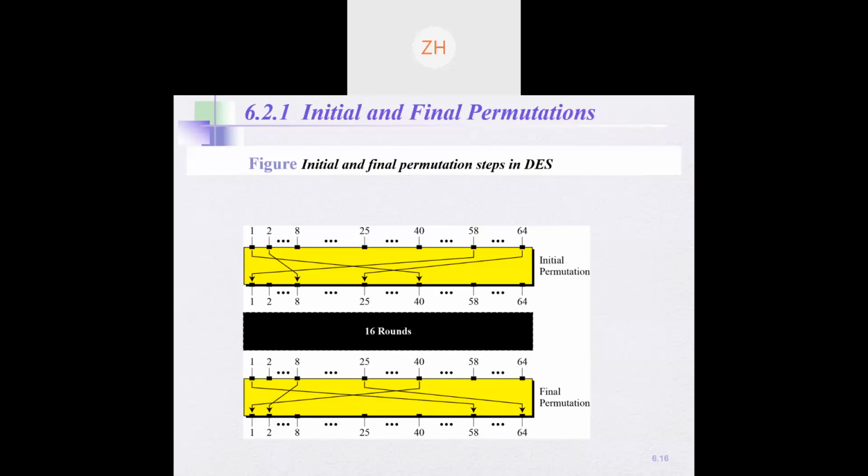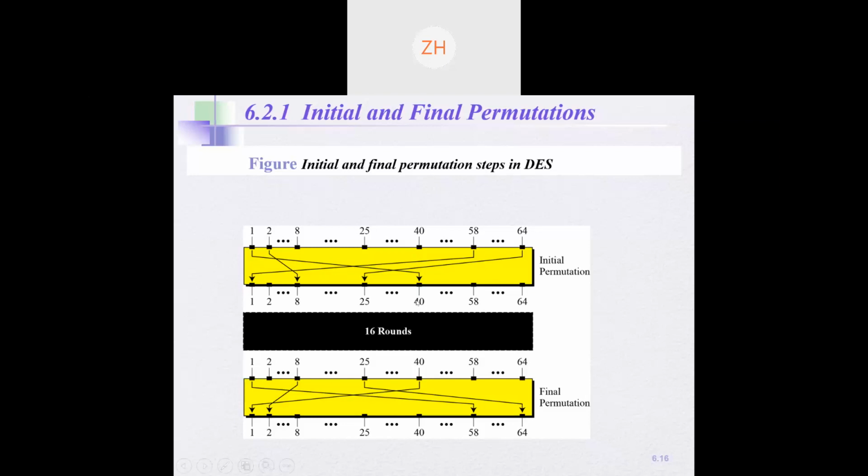Look at this initial and also final permutation. What do we understand about this permutation? Look at this figure. What is inside this figure? If I'm just talking alone, it will be boring, right?